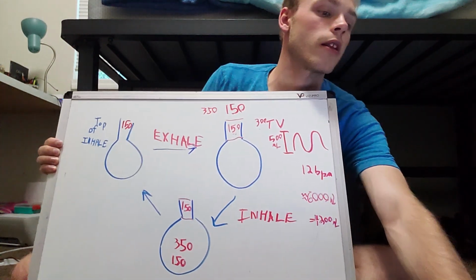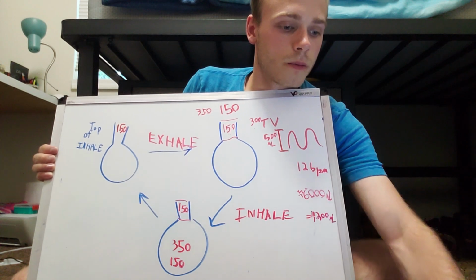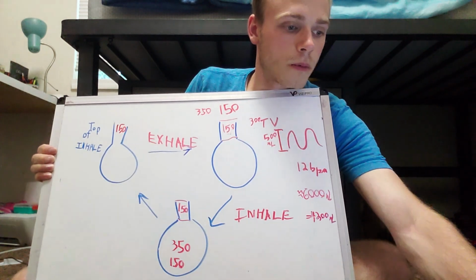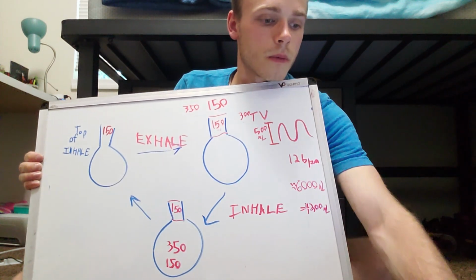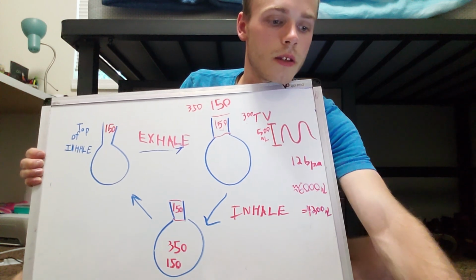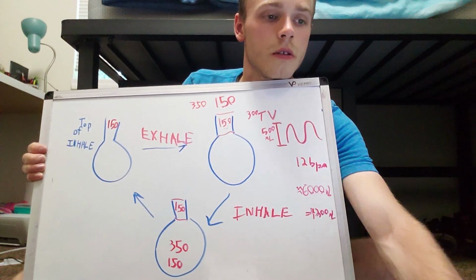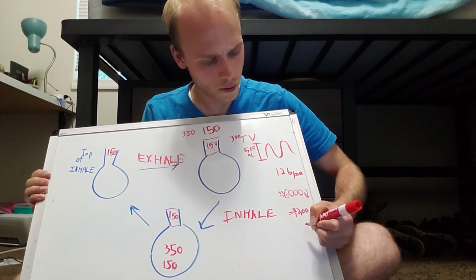I'm going to use a calculator right now. 15 times 30 is 450. So 150 times our 30 ends up being 4,500.